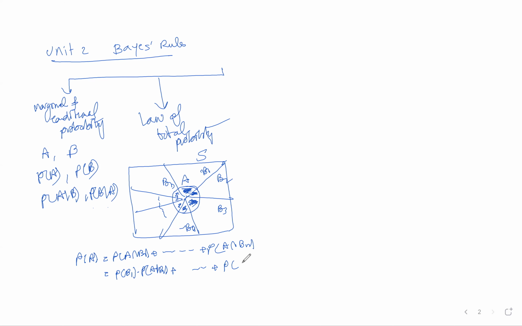This one is the probability of Bn times the probability of A given Bn. So which one should I use to calculate the probability of A based on what is given?